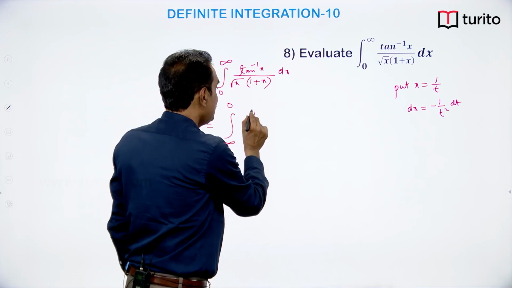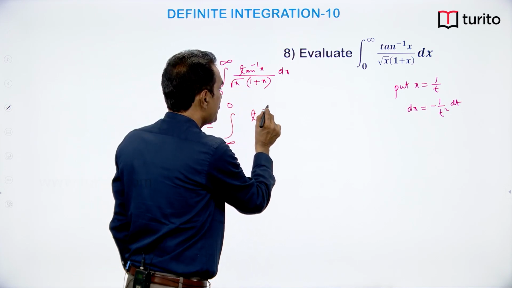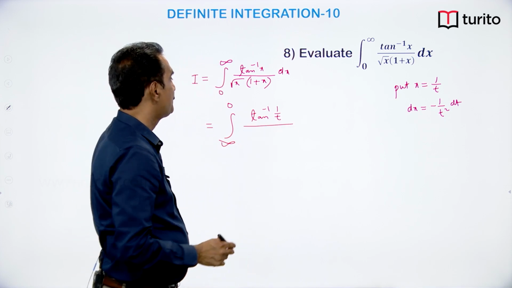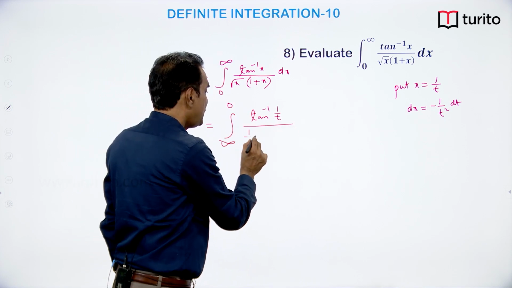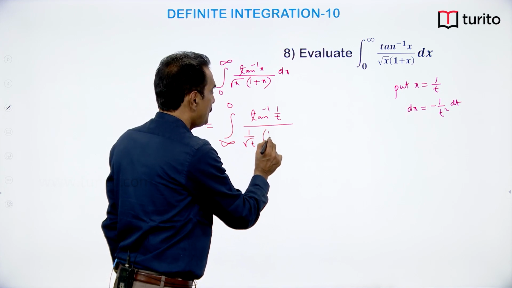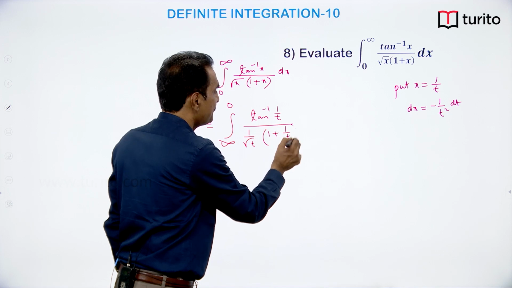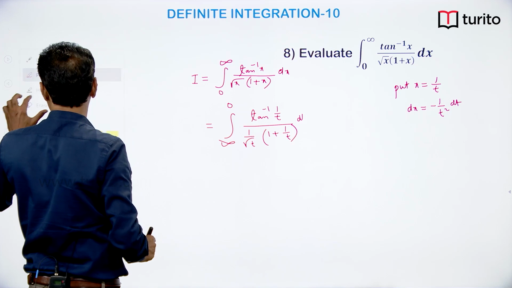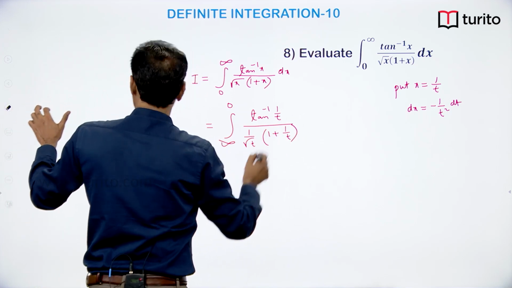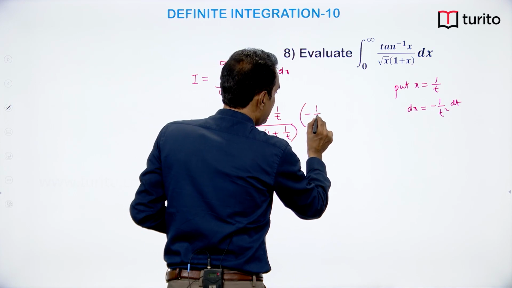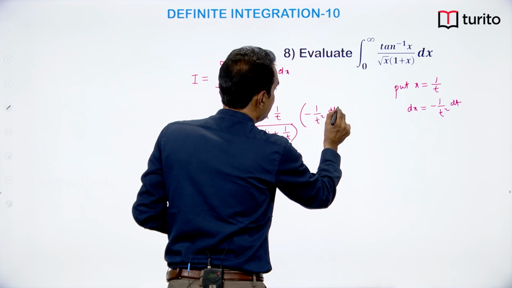You will get tan inverse 1 by t by 1 by root t into 1 plus 1 by t into dx, which is minus 1 by t square dt.